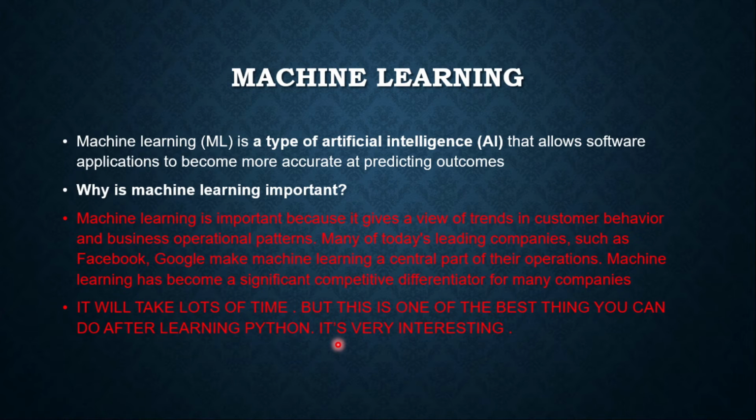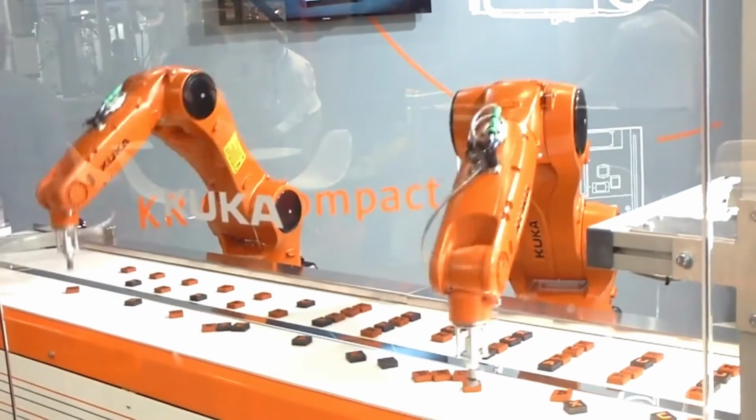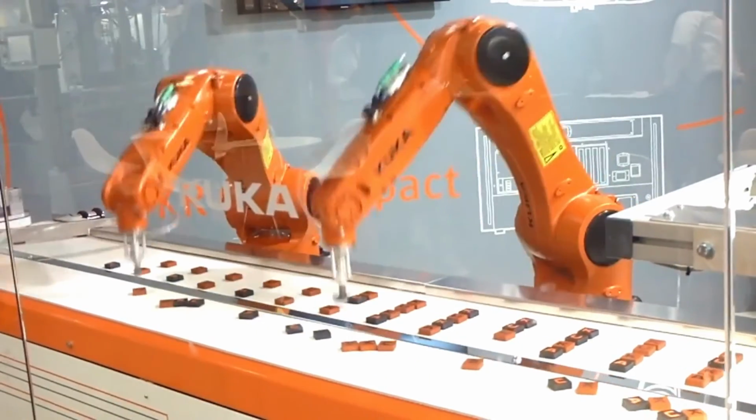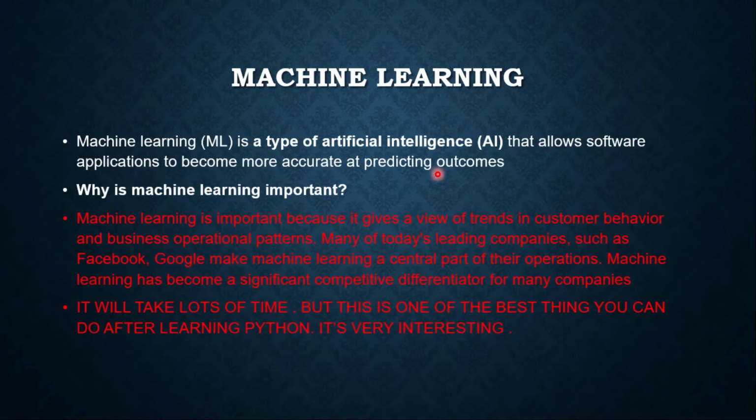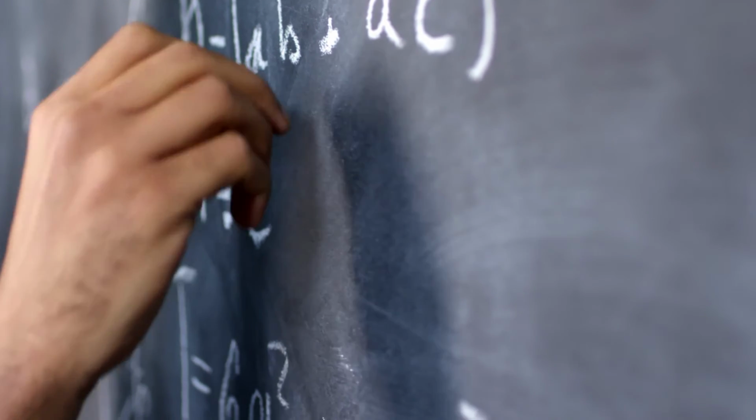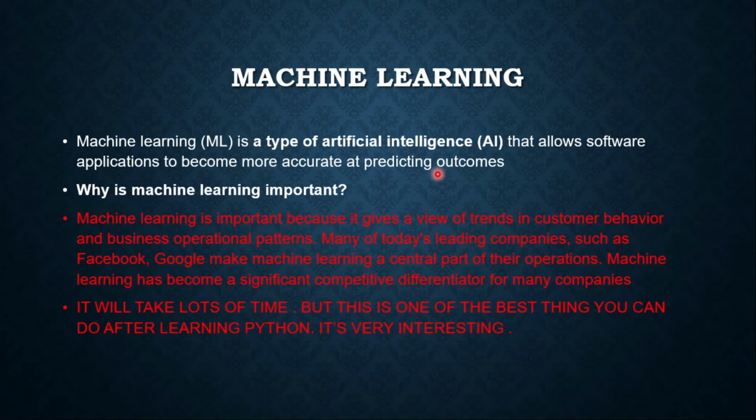Machine learning. Machine learning is a type of artificial intelligence that allows software applications to become more accurate at predicting outcomes. So here some prior knowledge is needed. If you are good at mathematics, statistics, and probability, then you can learn machine learning after learning Python basics. Now, why is machine learning important?